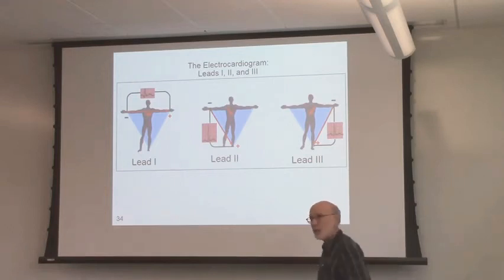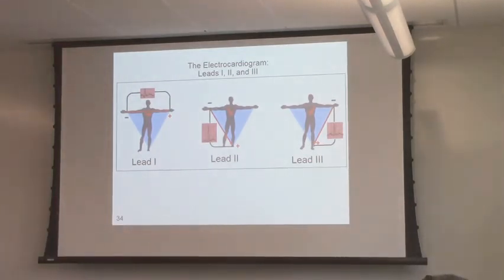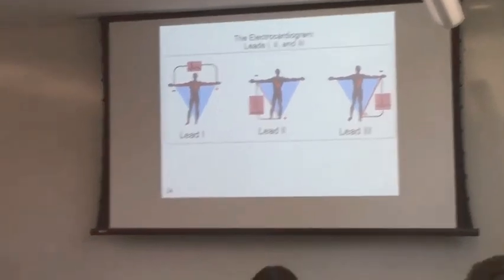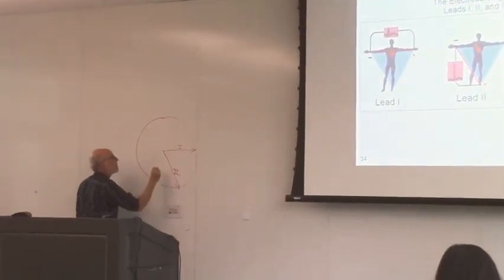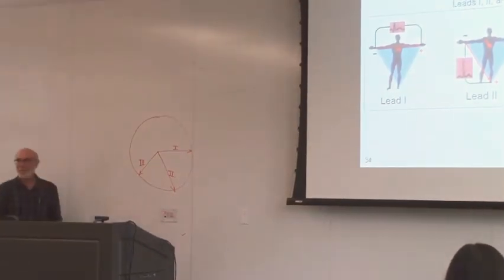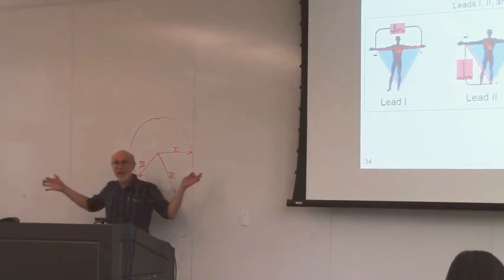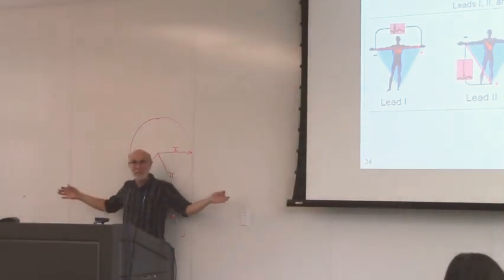You don't need to know the connections. What I am going to ask you to memorize is the compass. What do I mean by compass? Lead 1, lead 2, lead 3. This is the orientation of the leads on the chest of the person you're measuring.